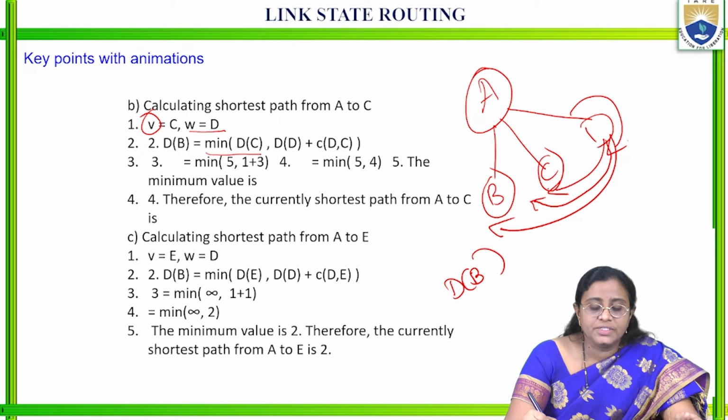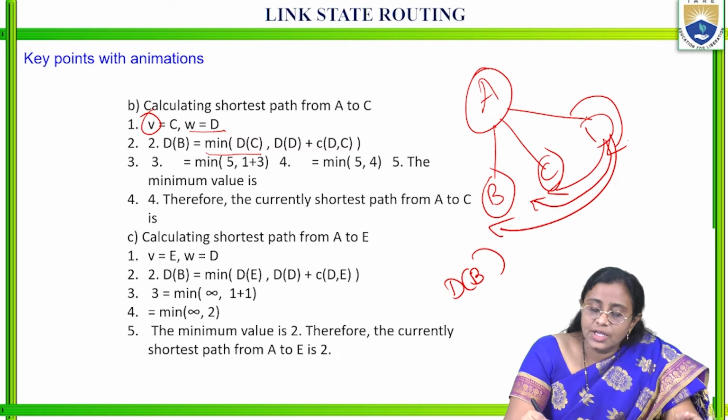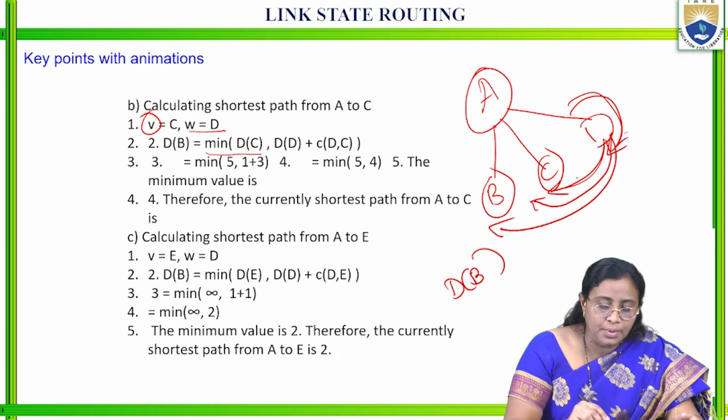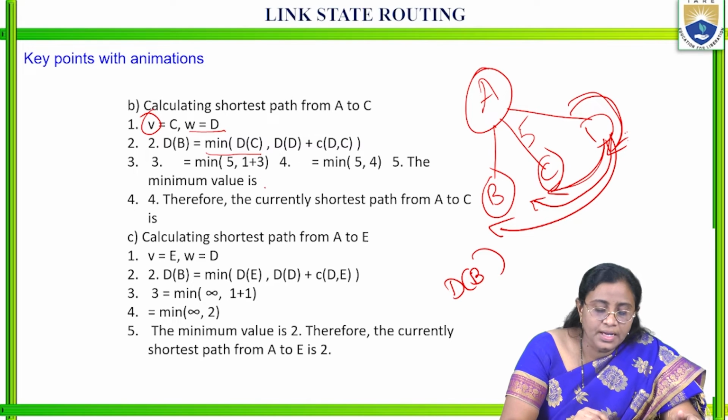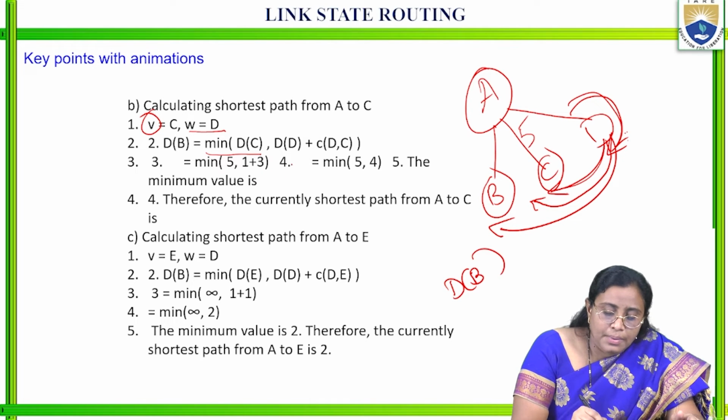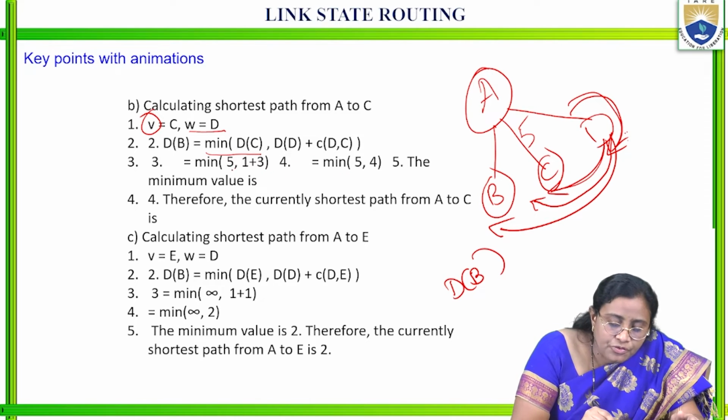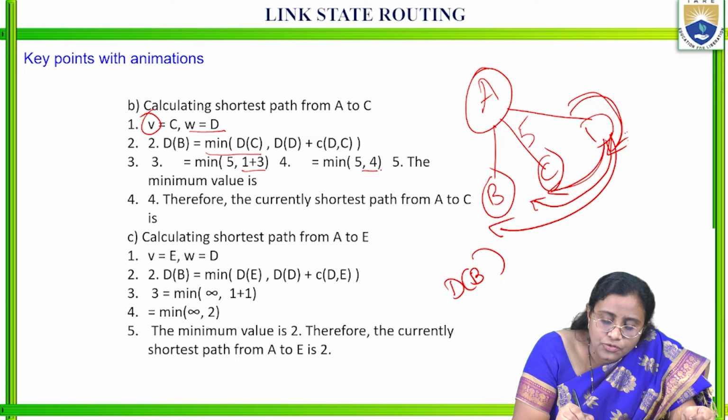D of C is equal to minimum of 5, if you take A to C the path is 5, and 1 plus 3 plus... 1 plus 3 is equal to 4.